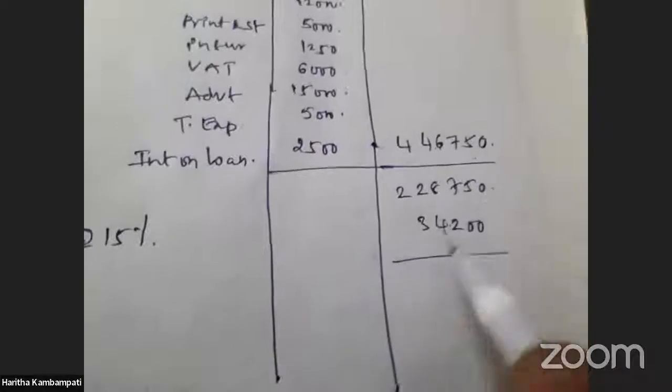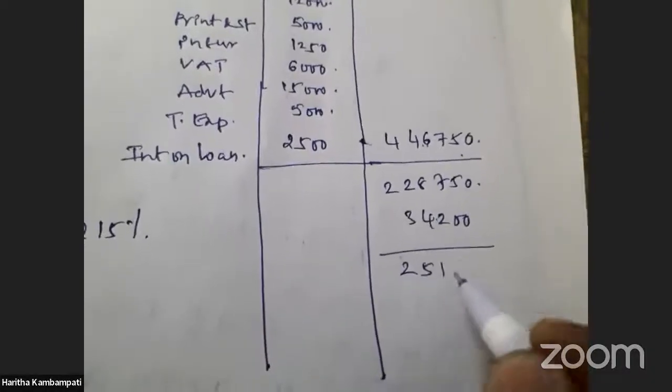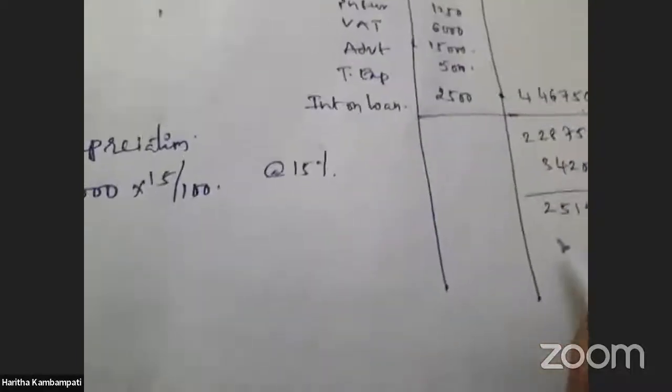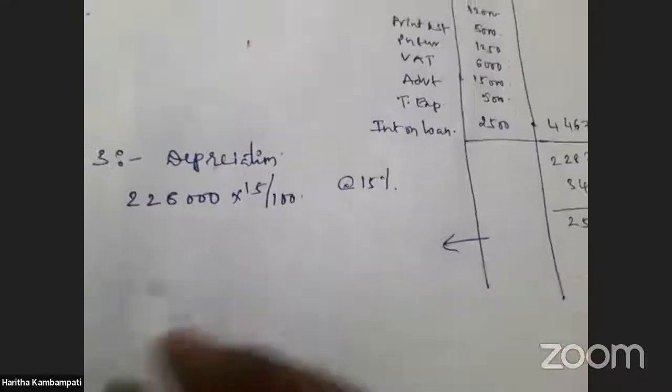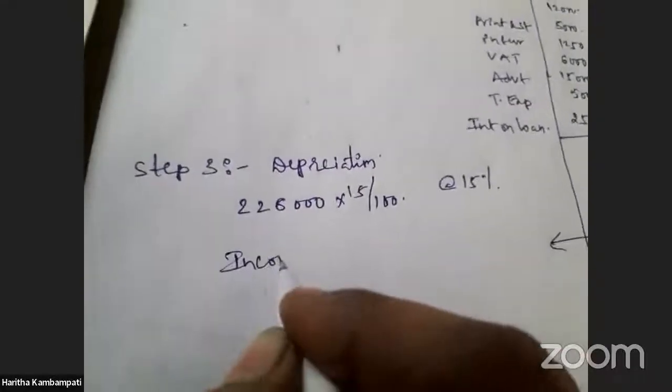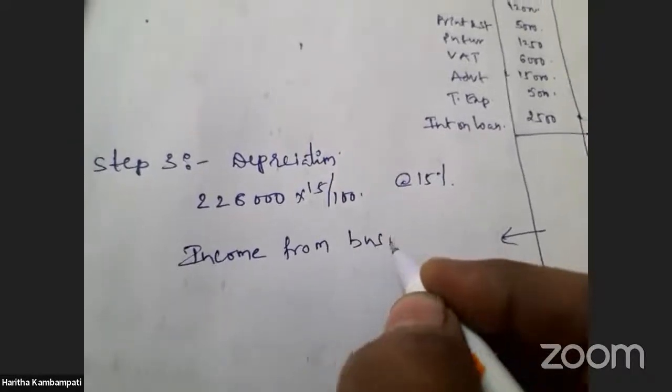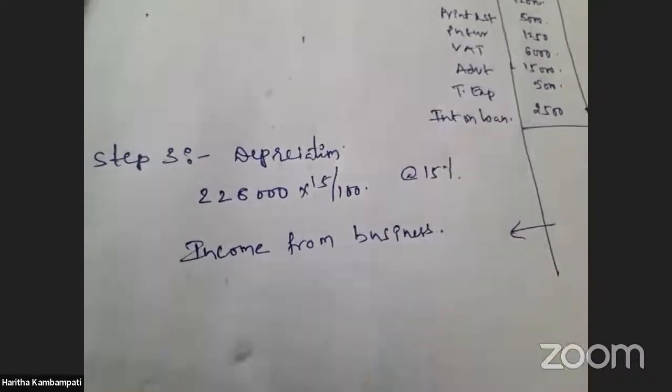From the above figure, if you deduct this depreciation, you can consider that as income from business.